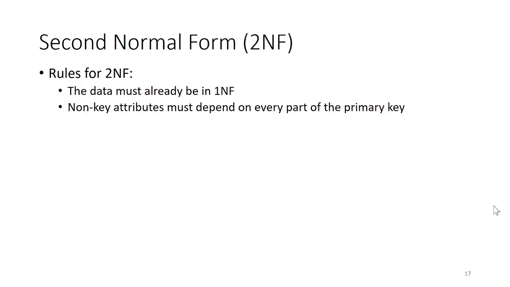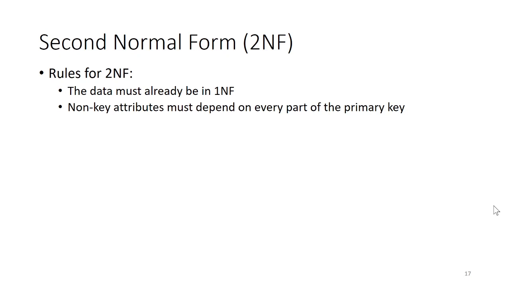So now we moved from unnormalized form to first normal form. Now we're going to go for the second normal form. The rules for the second normal form: we have already achieved first normal form, we are in the stage of first normal form. Then we're looking at non-key attributes.